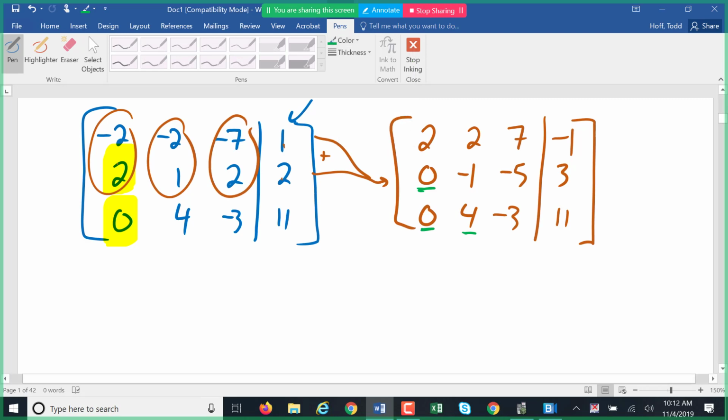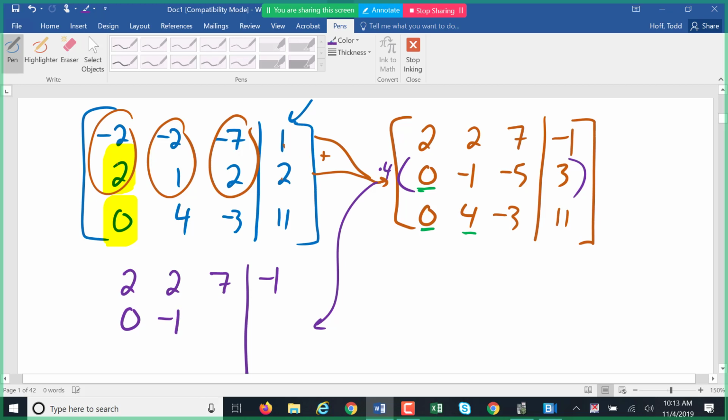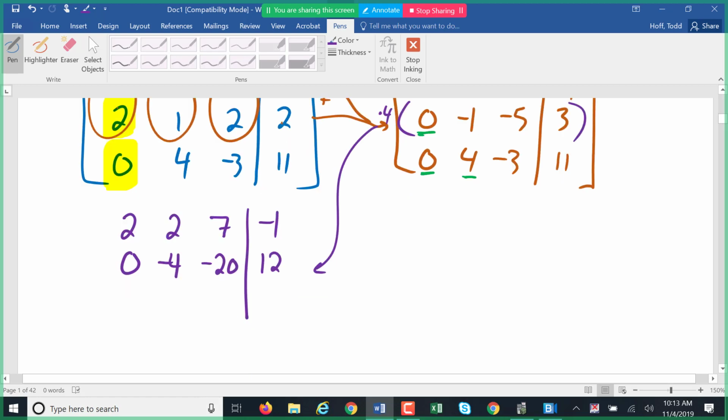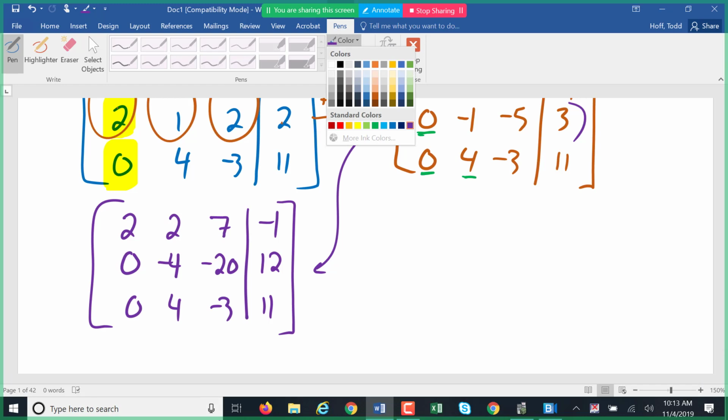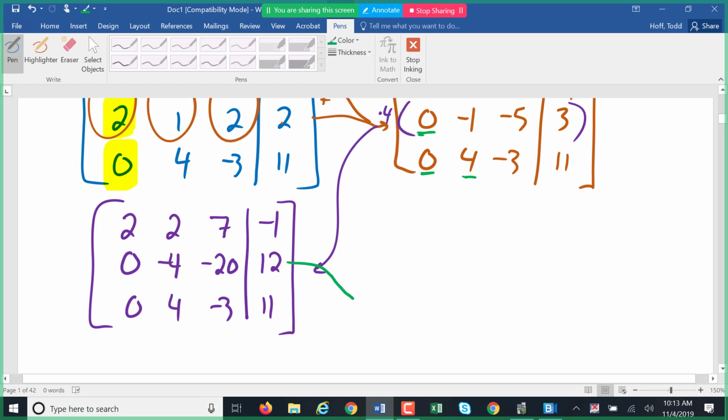So what I'm going to do is take this middle row times 4. My top row doesn't change. That middle row times 4, well, 0 times 4 is still 0. Negative 1 times 4 is negative 4. Negative 5 times 4 is negative 20. And 3 times 4 is 12. My bottom row doesn't change. So now I'm going to combine these two rows, and replace the bottom row with it.